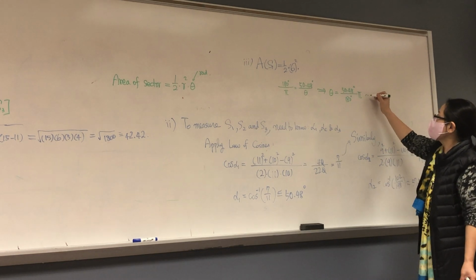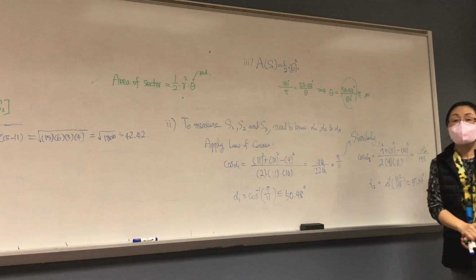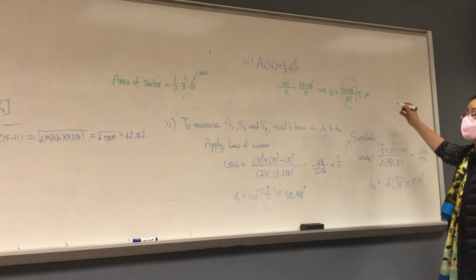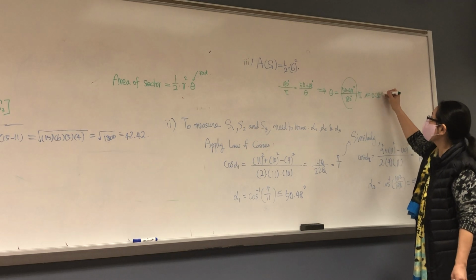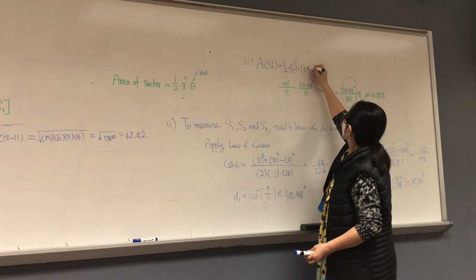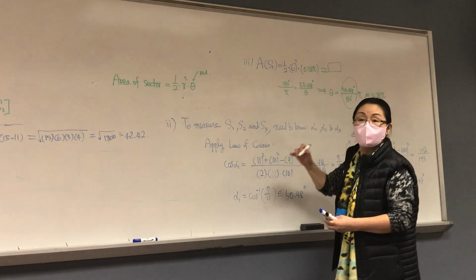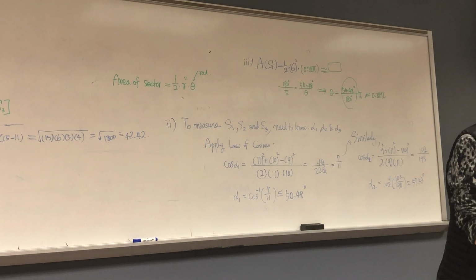So compute this with me. 50.48 divided by 180. What is it? 0.28 pi. Yes? So you can compute here, it's 0.28 pi, and then you will get the answer. Similarly for area S2, similarly for area S3.